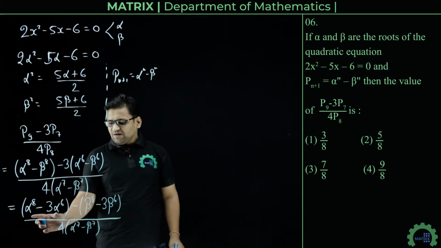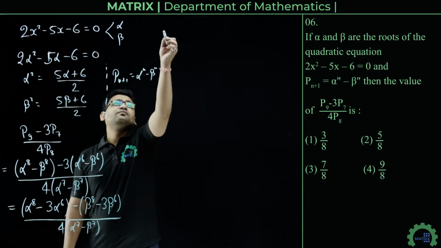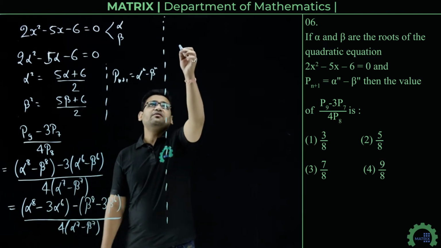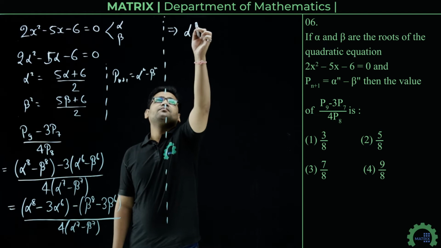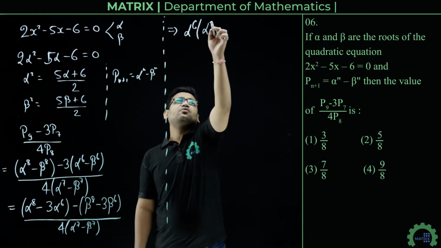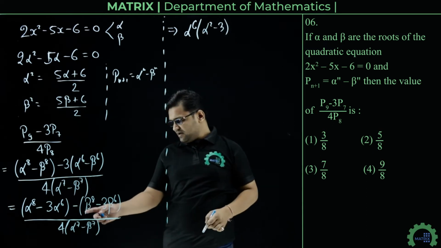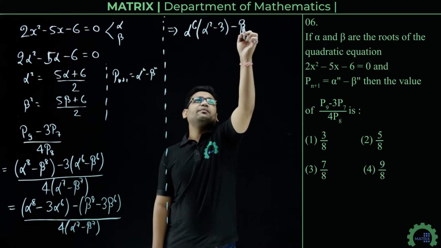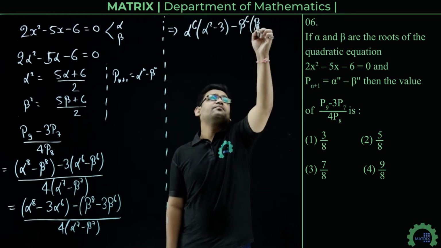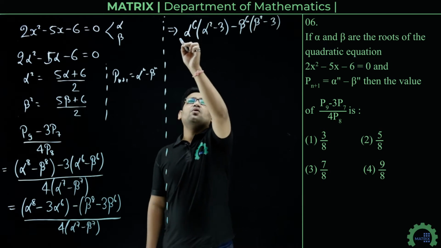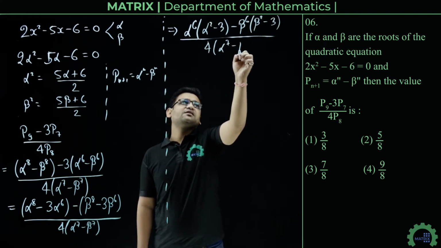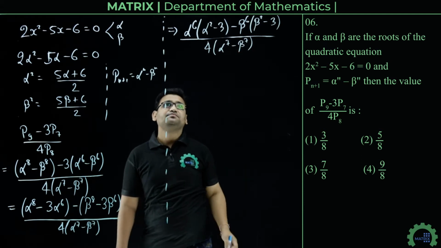So taking alpha raised to power 6 common, we get (alpha square minus 3), and minus beta raised to power 6 common, we get (beta square minus 3), whole divided by 4 times of (alpha raised to power 7 minus beta raised to power 7).